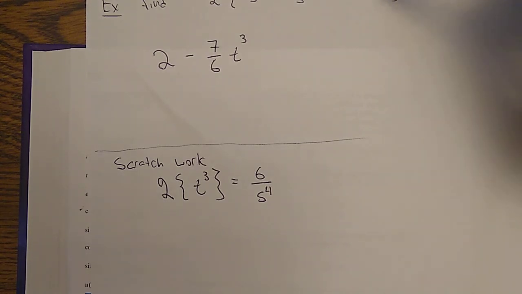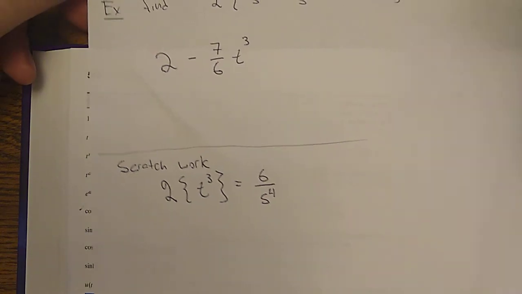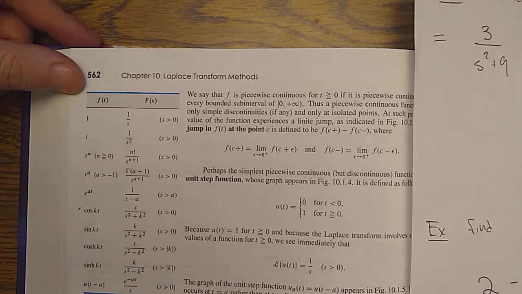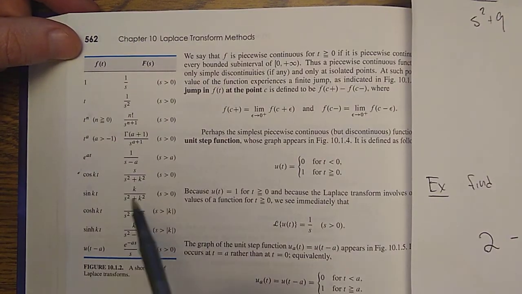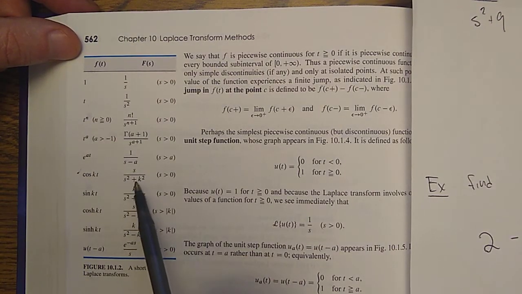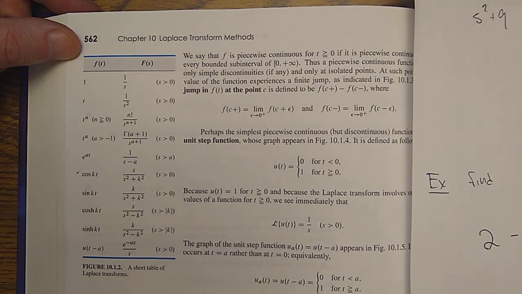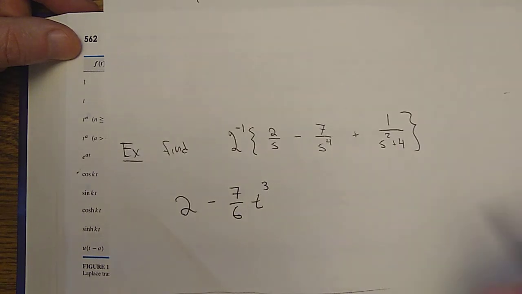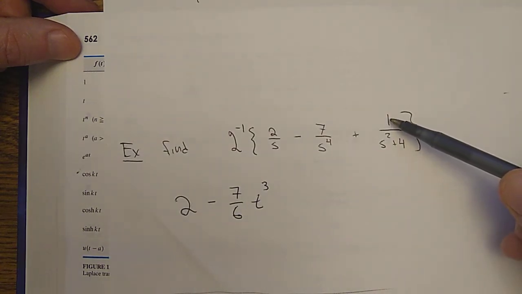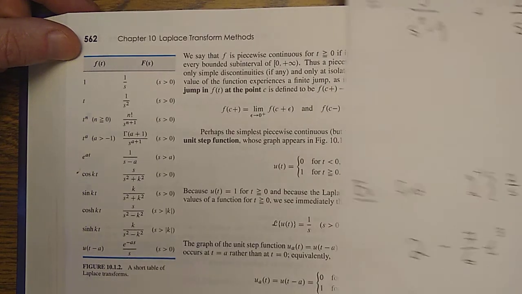Okay, now I have this part, 1 over s squared plus 4. So I have s squared plus a number in the denominator, and that looks like either this or this. If I look back, I don't have any s's in the numerator, I just have a constant in the numerator.